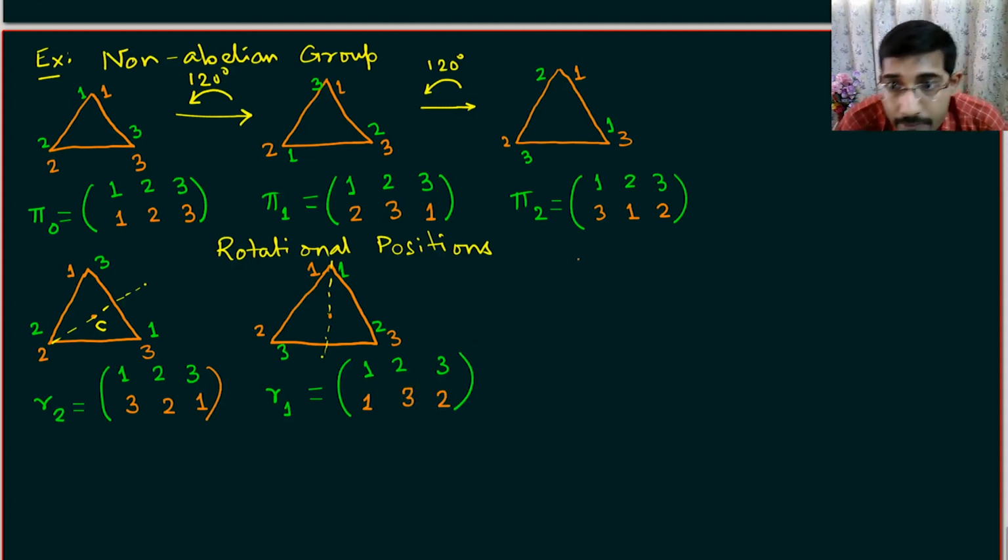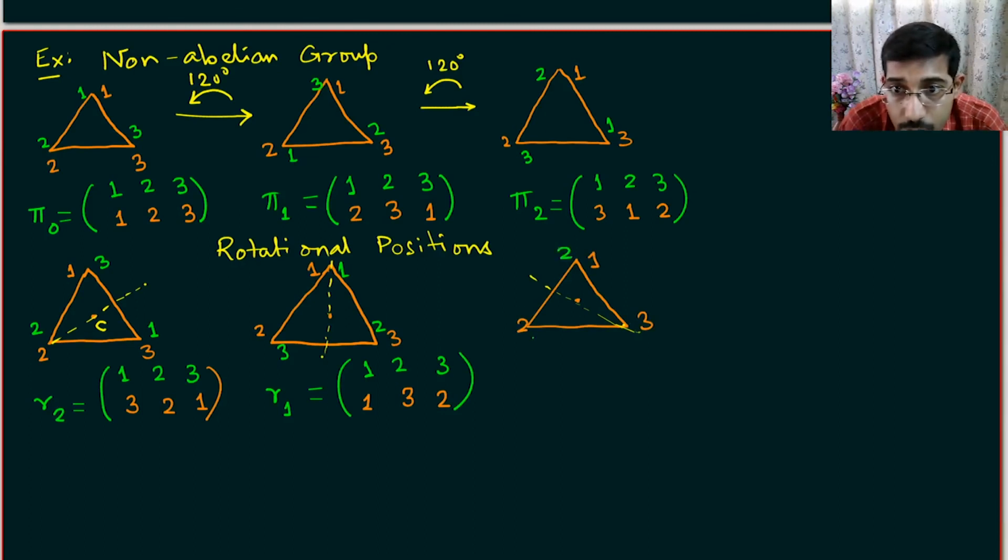And then again, we reflect with respect to the last point that I have in my hand, that is point 3, with respect to the center. So I have positions 1, 2, 3 and I reflect within this.